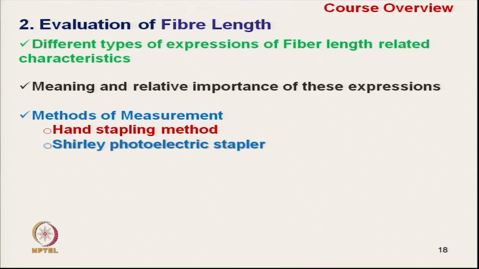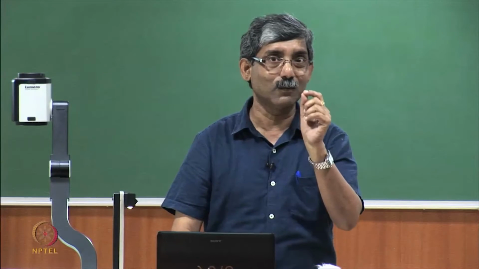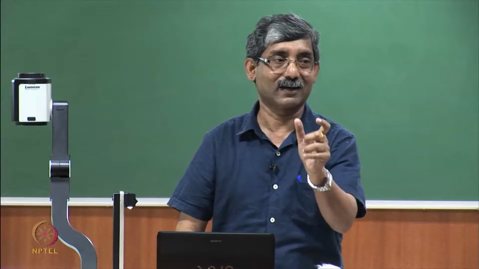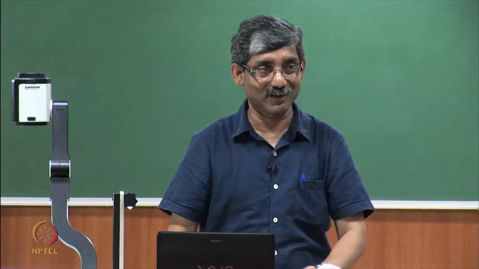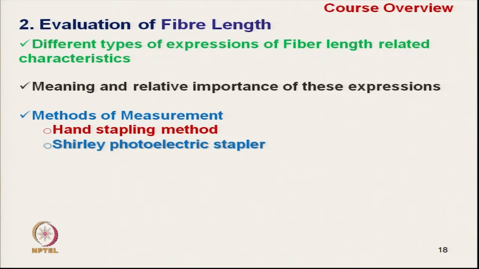The hand stapling method is by hand; we quickly come to know the length characteristics of the bulk of the material. Its mechanized version measures the same characteristic, the staple length, by the Shirley photoelectric stapler, and we will discuss it in detail. Then the comb sorter method, where we test the effective length.